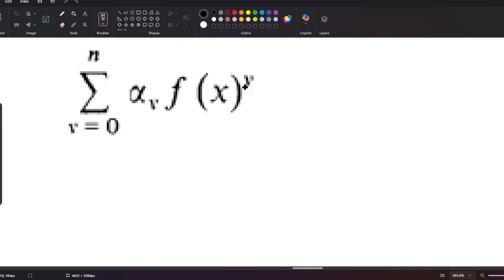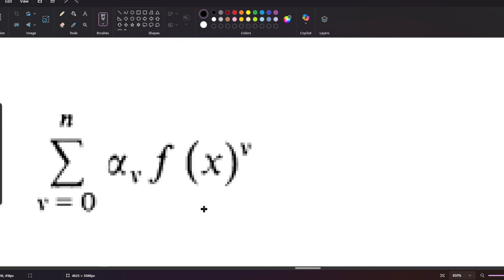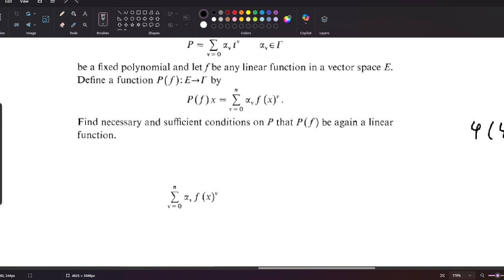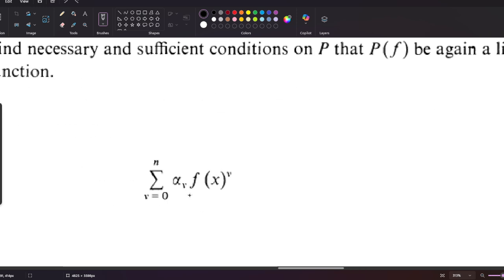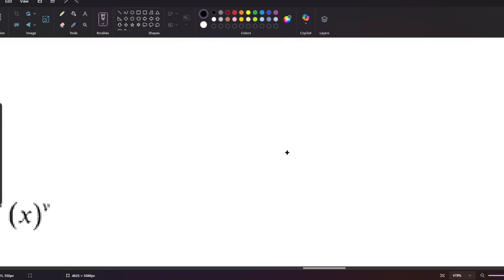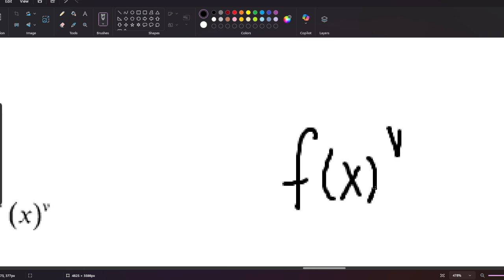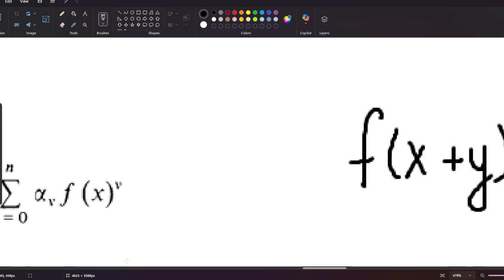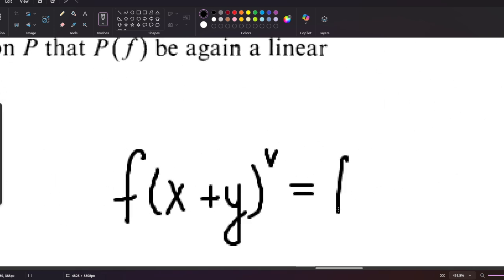So we're given the amount of times that's changed here by v, and thing is, since we're told that f is a linear function, so it will be this function. In other words, we know for sure that f^v is linear. In other words, if we were to write this down, the following will be true.